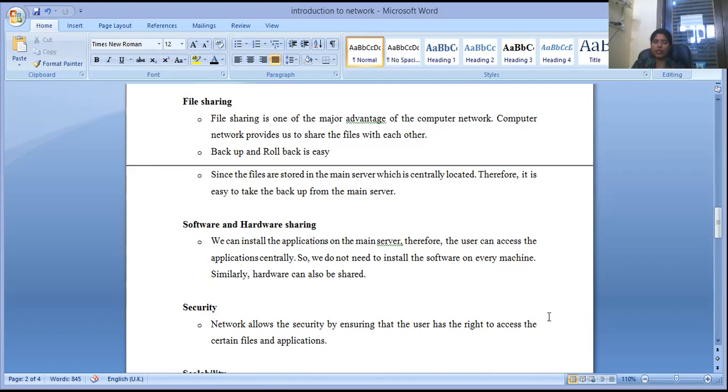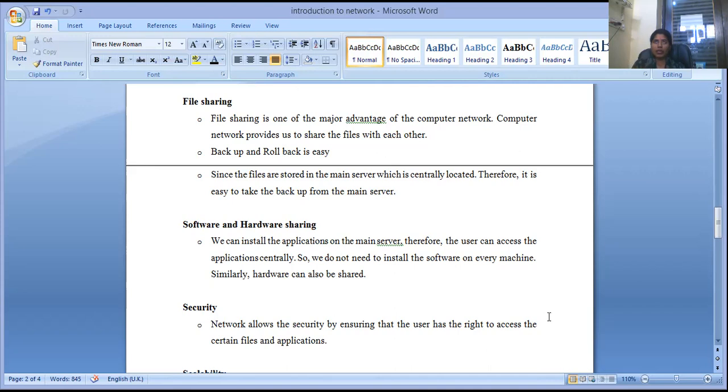Suppose you take the example of the cloud. Say 10 computers are in a room, and they give data to be saved on the server, and whenever they want to fetch it, all the systems can fetch the data from that server also, isn't it?